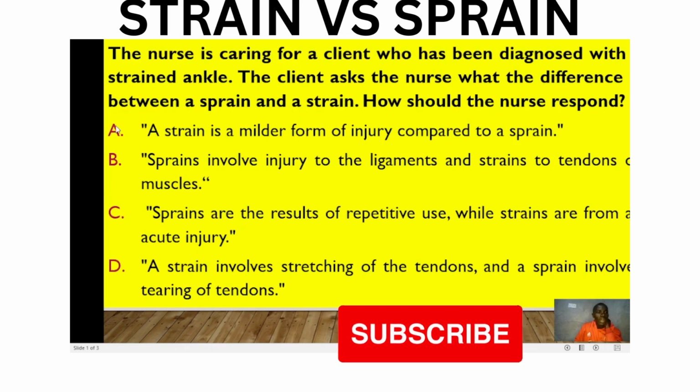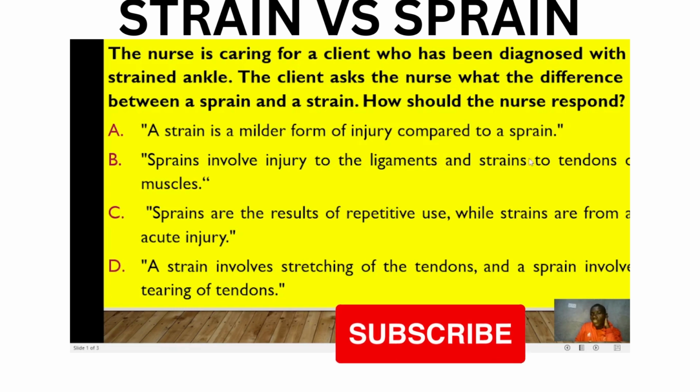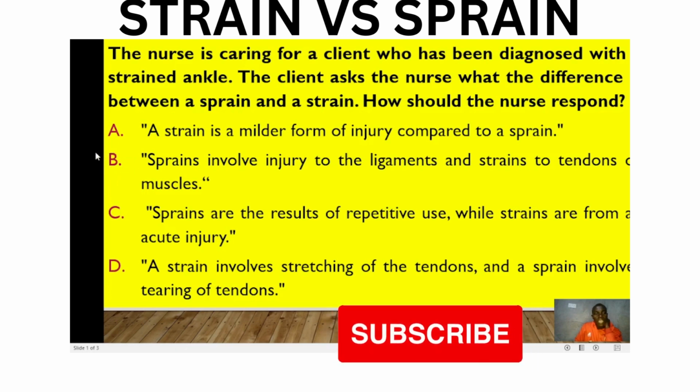So we go back to our A and B. A strain is a milder form of injury compared to sprain, and sprains involve injury to the ligaments and strains to the tendons or muscles. So guys, all of us have to pick the most appropriate one to be B because it's more complete and more inclusive answer.